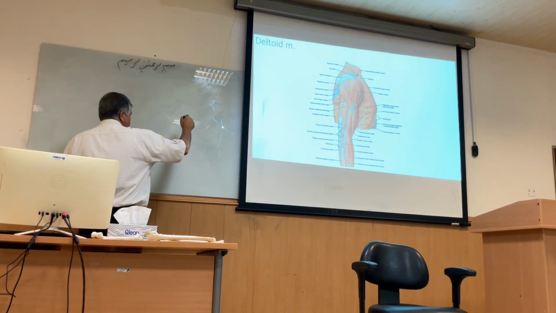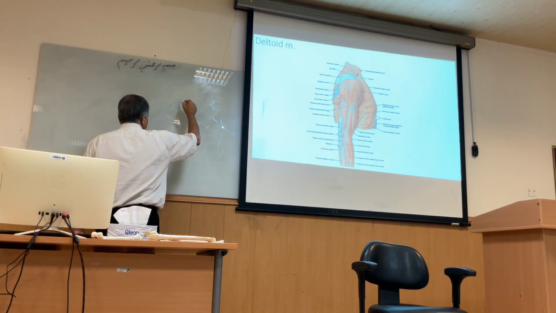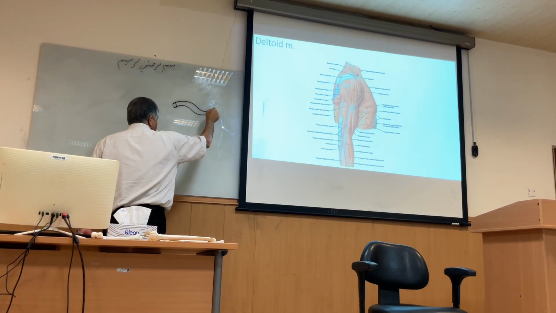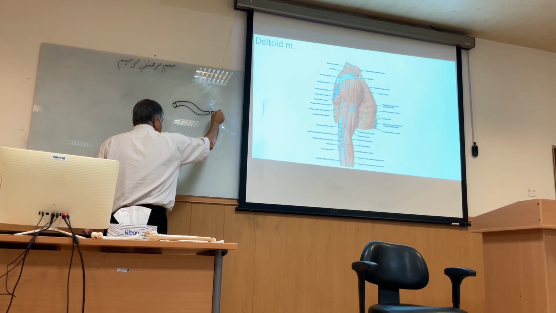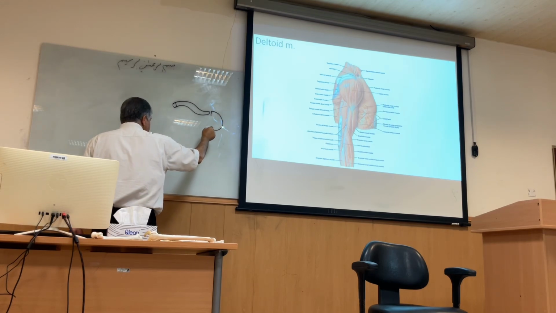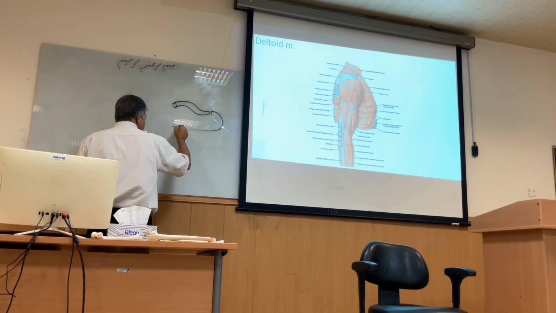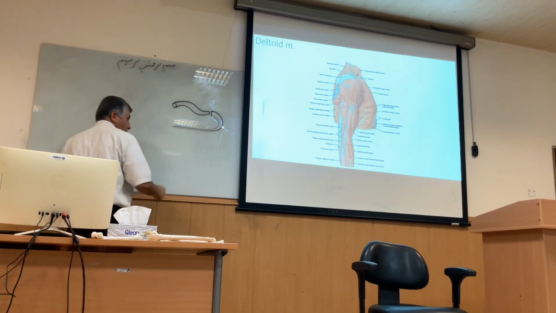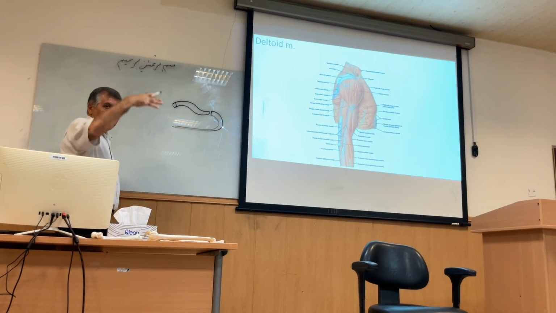You can see the clavicle from superiorly, this one, the clavicle, okay? It articulates with the acromion, and the acromion continues as the spine of the scapula. This figure is from above.